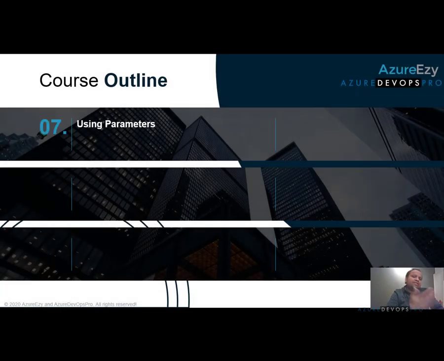Then the next lesson will talk about parameters. In the previous lesson we will understand the concept and how you define them, and what their use cases are in a Bicep file, and also definitely do some hands-on.